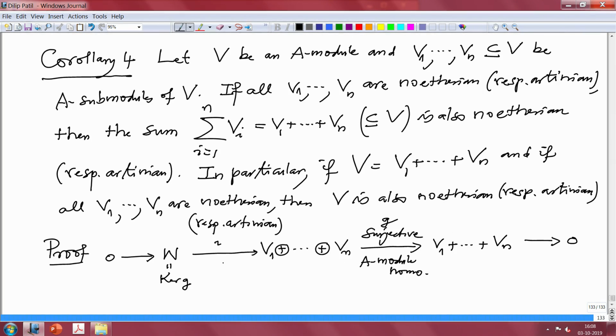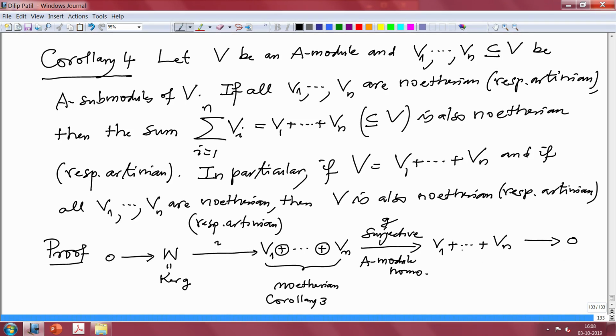Remember, all the modules are Noetherian, so the direct sum is also Noetherian, because we have proved in an earlier corollary, corollary 3 I think, that the direct sum of finitely many Noetherian modules is Noetherian. And this is a surjective map.